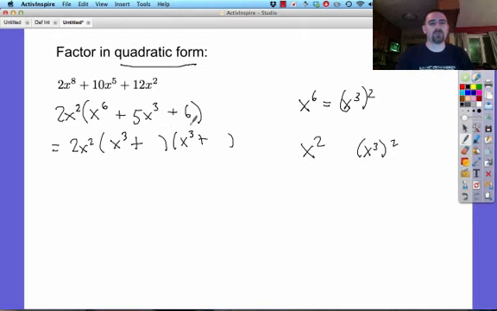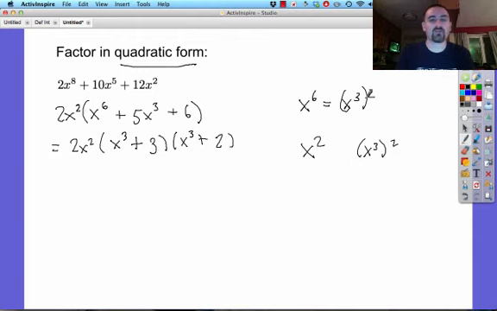Well, how about 2 and 3? Will that work? Yeah. Okay. So, we're set. We've got 2x squared, and we've got x cubed plus 3, and x cubed plus 2. And that, my friends, is all she wrote.